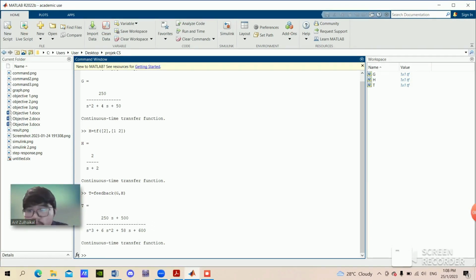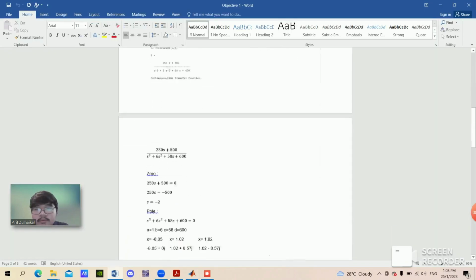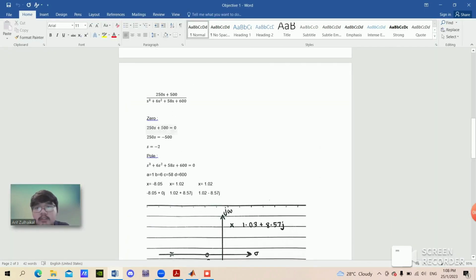For the poles and zeros, the zero is from 250s plus 500, and below is the poles.